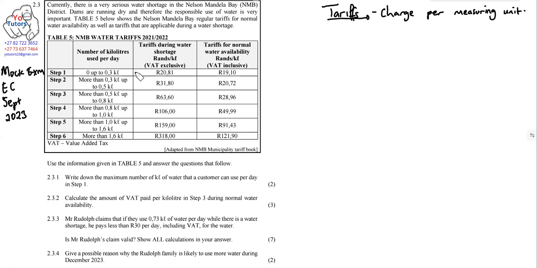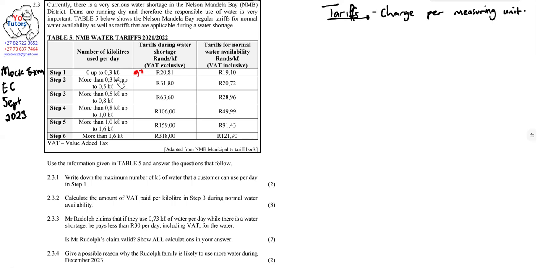What you always need to understand is that in each category, you must know the number of kiloliters that are charged a certain amount. For example, to find the number of kiloliters charged 20 rand 81 cents, you say 0.3 minus 0, which gives you 0.3.